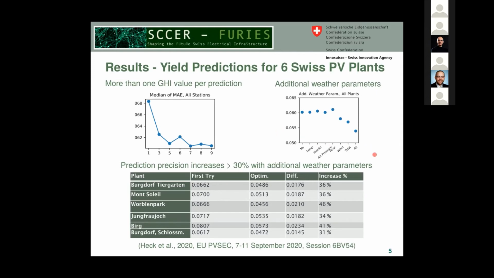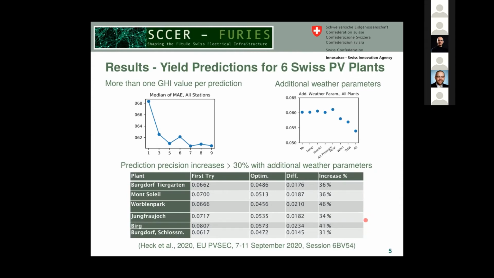Concluding my part of the talk, we could show that comparing this first try, without temporal averaging and GHI values only, with the optimized algorithm and the optimized input data structure, we could improve the performance of the algorithm by at least 30%. And there has not been a difference between alpine and urban plants.